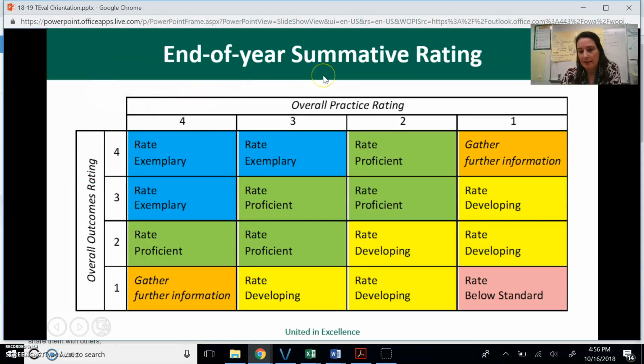Then, at the end of the year, all those scores are put together to calculate your overall score. So you get an overall practice rating and an overall outcomes rating. If you get a 3 in outcomes and a 3 in practice, you would be a 3. Even if you get a 2 and a 3, you're still a 3. Or a 2 here, but a 3 or a 4 here. That's also a 3.